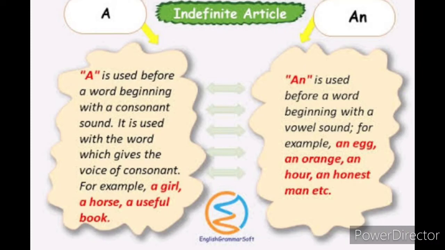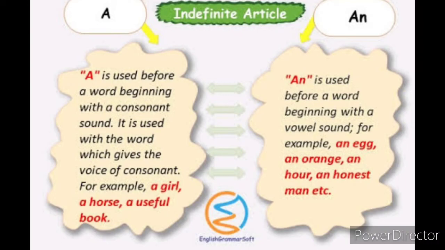Moving on to the other indefinite article, an. An is used before a word beginning with a vowel sound. So an is used before a word beginning with the vowel sound and also the vowel letter.